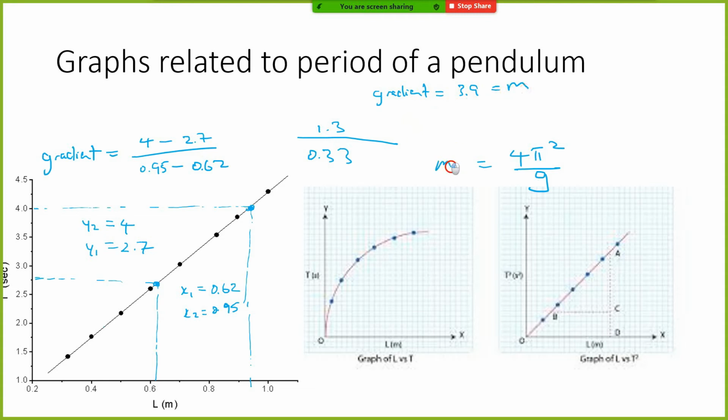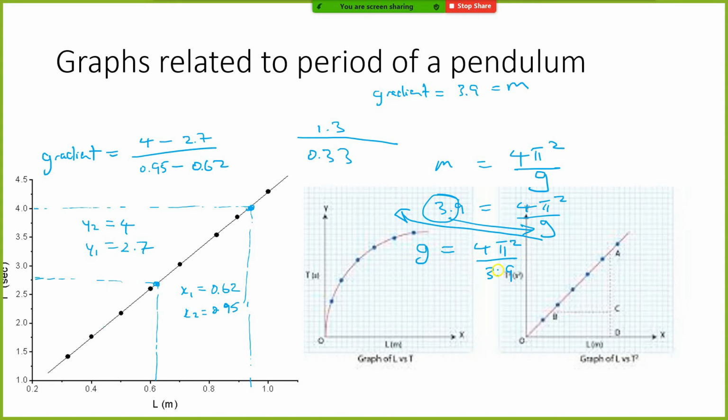So at the end of the day, this is your m value. And remember we said that m is equal to 4 pi squared divided by g. The idea is to find what g is equal to. Because m is equal to 3.9, equal to 4 pi squared divided by g, we want to make g the subject, so we bring g across. So g is equal to 4 pi squared divided by 3.9.